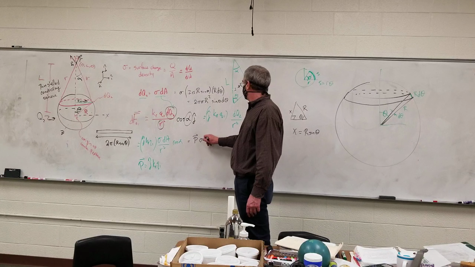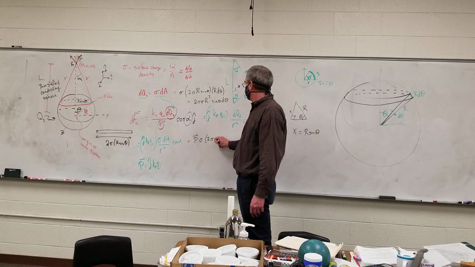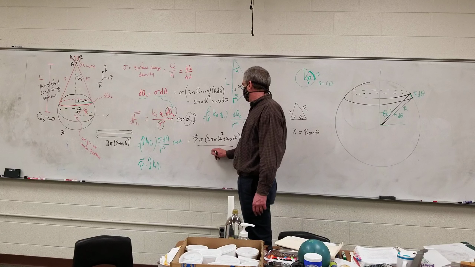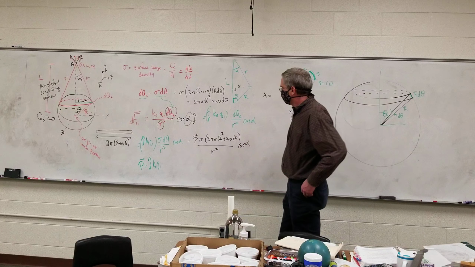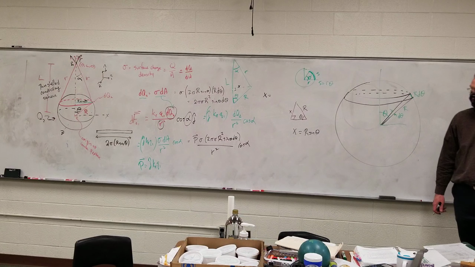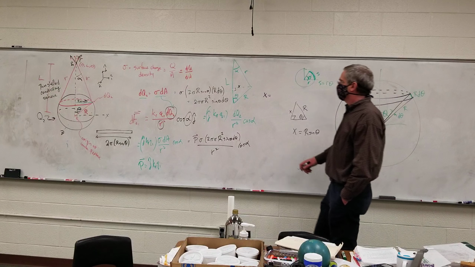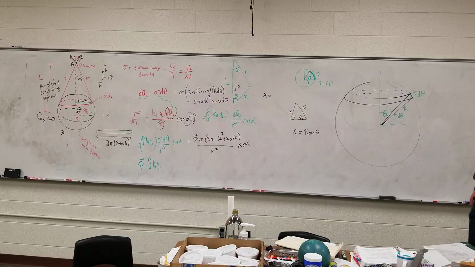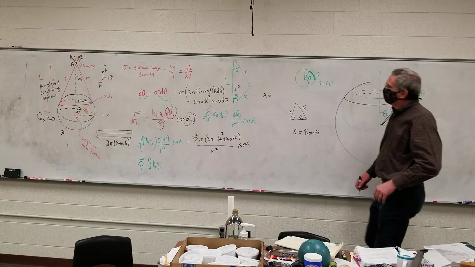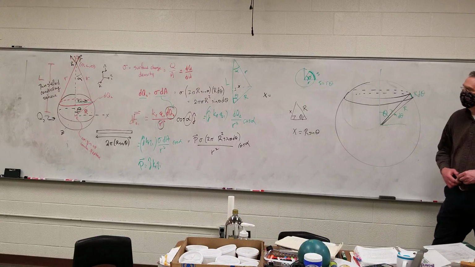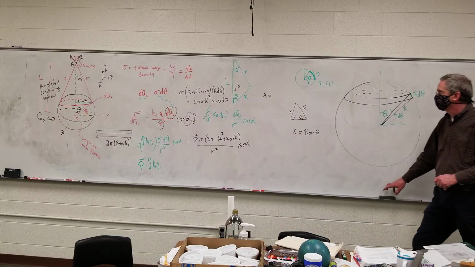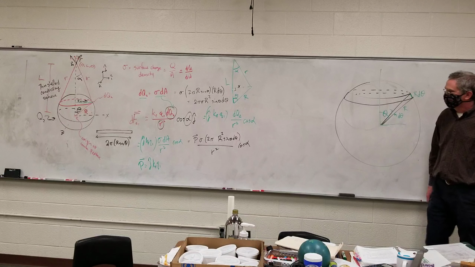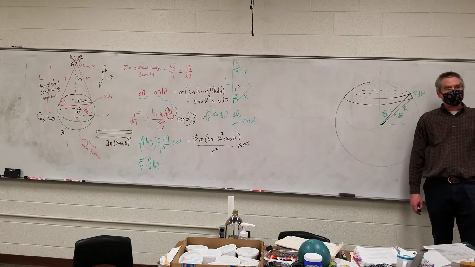Sigma times dA, which is 2 pi sigma R squared sine theta d theta over little r squared cosine alpha. All right, so we took it from 3 variables down to 3 variables. We're on a roll.